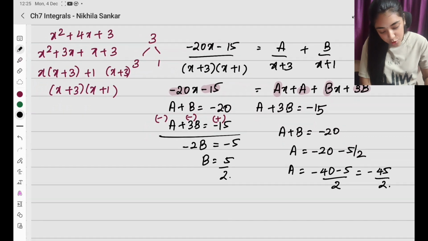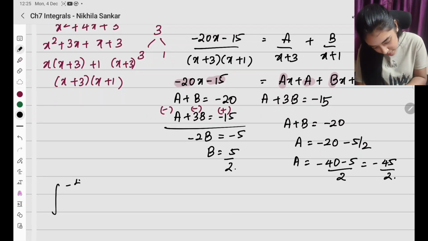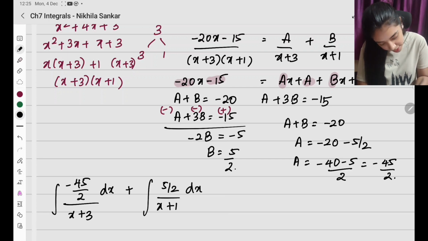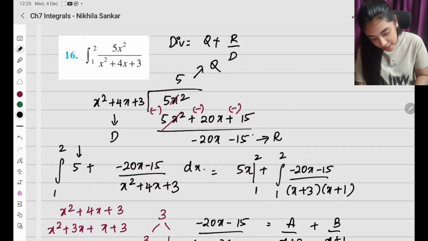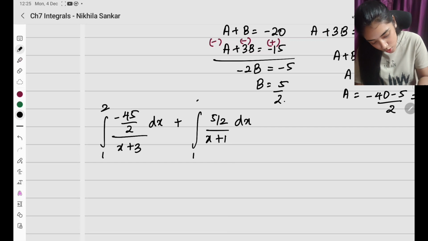Now when I substitute, the integral becomes the integral of a divided by x plus 3, which is minus 45 by 2 divided by x plus 3 times dx, plus b, which is 5 by 2 divided by x plus 1 times dx. Remember you have limits 1 and 2.